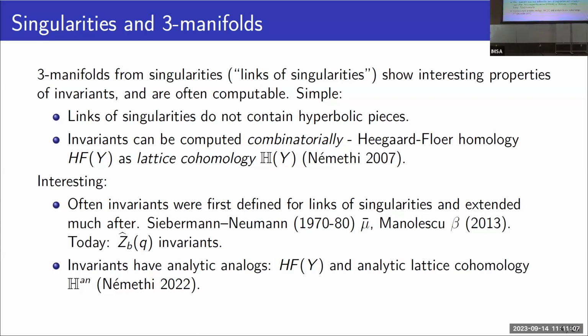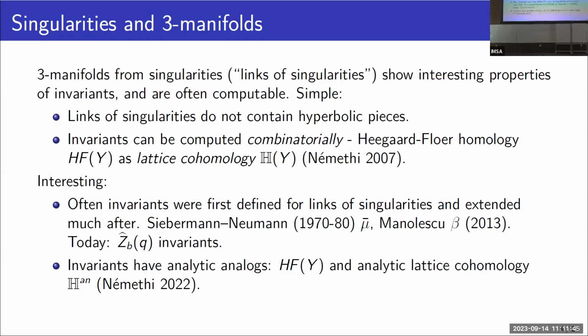And the last point why it is interesting to look at these kinds of manifolds is that the invariants usually come in pairs. There is usually an invariant of a singularity and an invariant of the 3-manifold, and they share properties. For example, for Heegaard Floer homology, there is a new, very recent invariant which detects the analytic structure of the singularity, the analytic lattice cohomology of Némethi. It is a categorification of the geometric genus of the singularity.